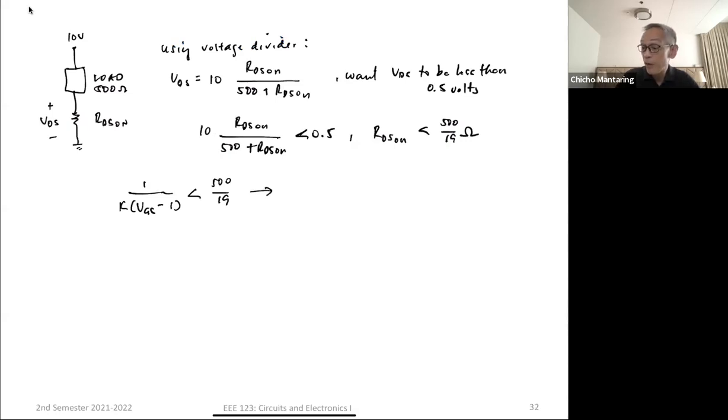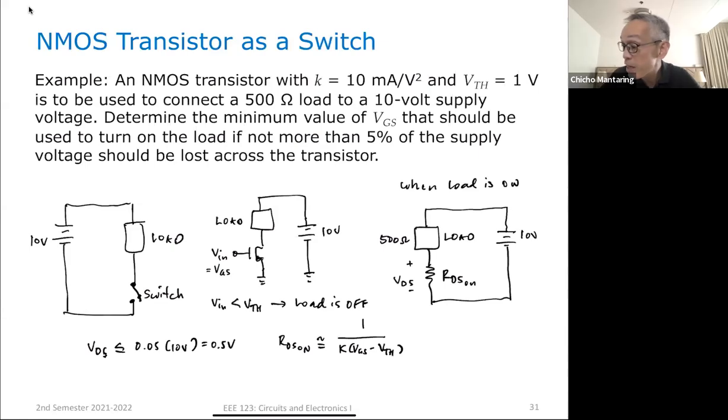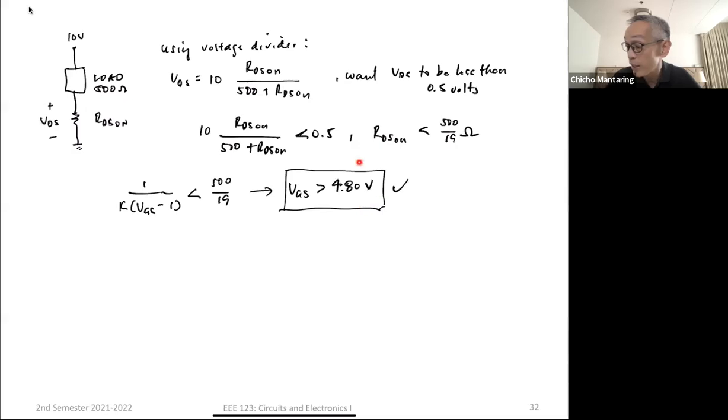And if I compute for VGS, I'm going to get VGS should now be greater than 4.8 volts. So in answer, what is the minimum value of VGS? The minimum value of VGS should be 4.8 volts. So this is based on the RDS on approximation.